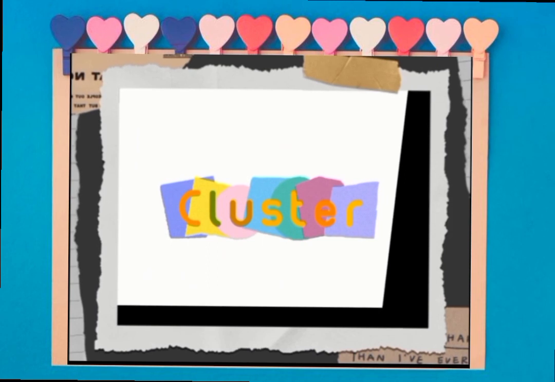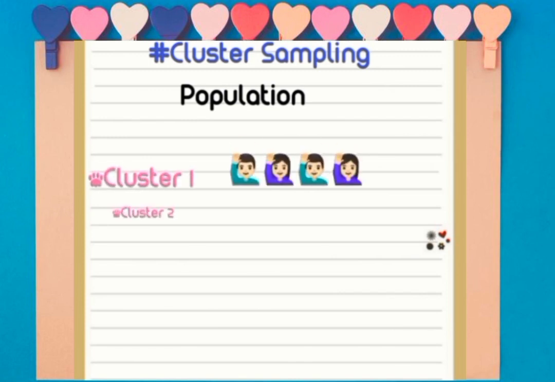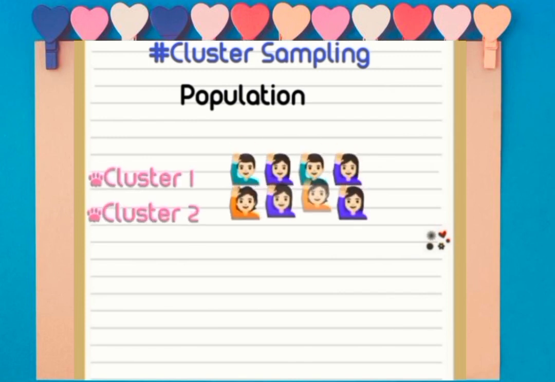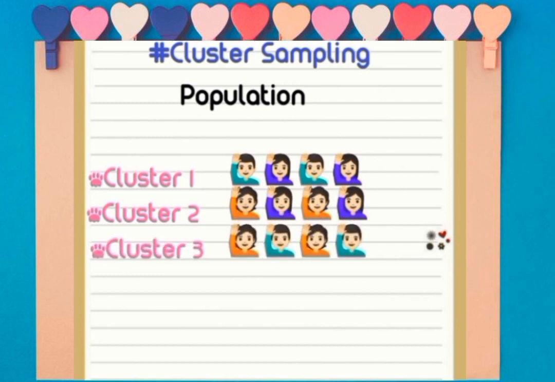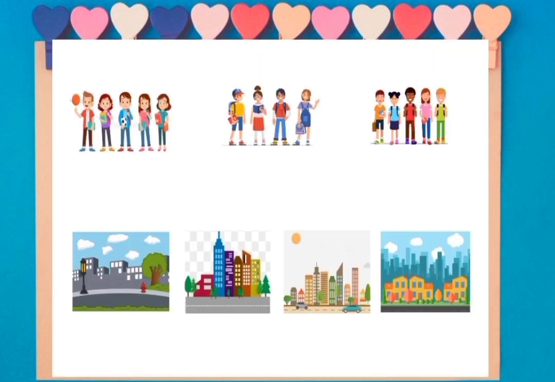Cluster sampling. Cluster sampling involves dividing a population into groups with similar characteristics. Instead of picking individuals from each group, you choose entire groups at random to get your sample. For example, the government wants to conduct a survey on the academic performance of high school students in the Philippines.